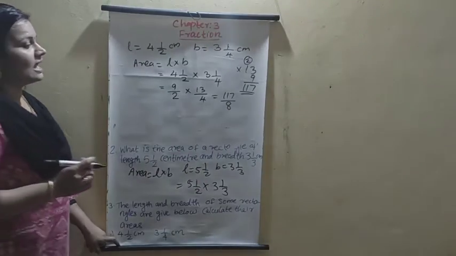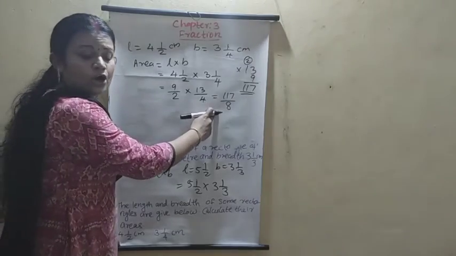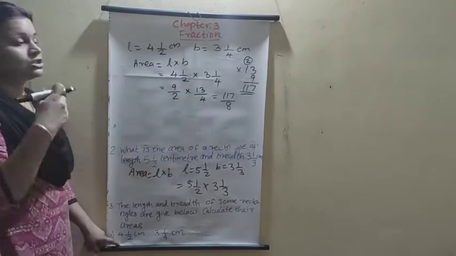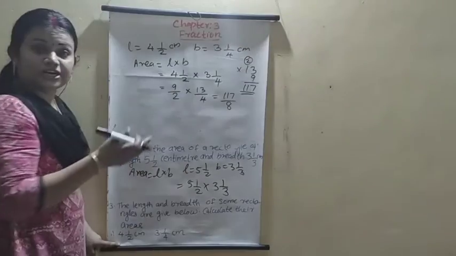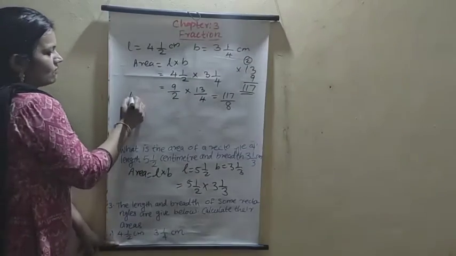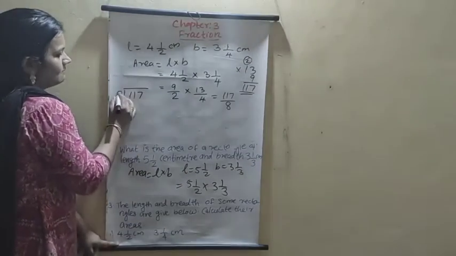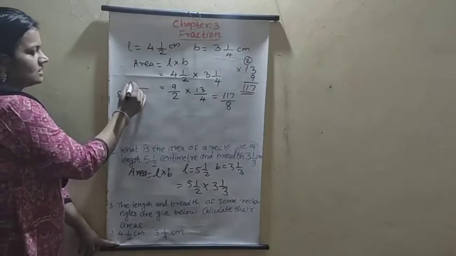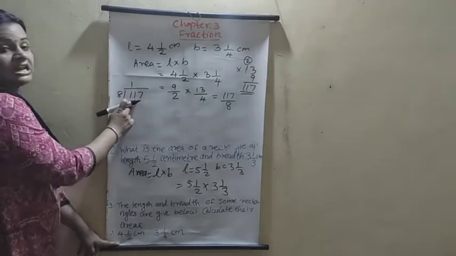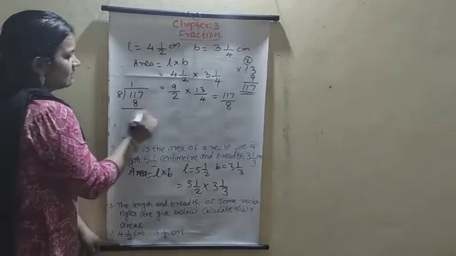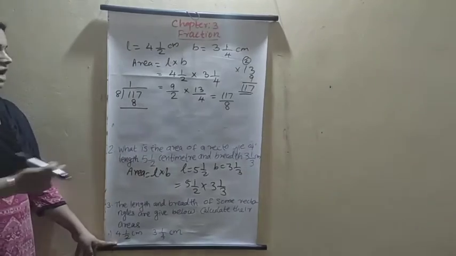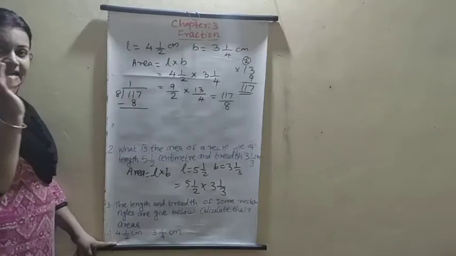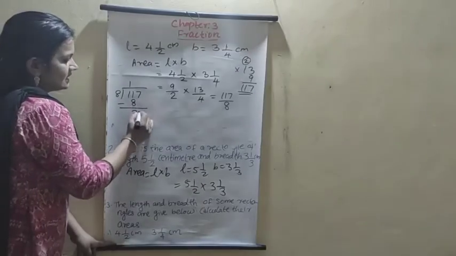117 by 8 is also an improper fraction, so we convert the improper fraction into the mixed fraction. 117 divided by 8. How many 8s in 11? Only 1. 11 minus 8 is 3. Bring down the 7, 37.